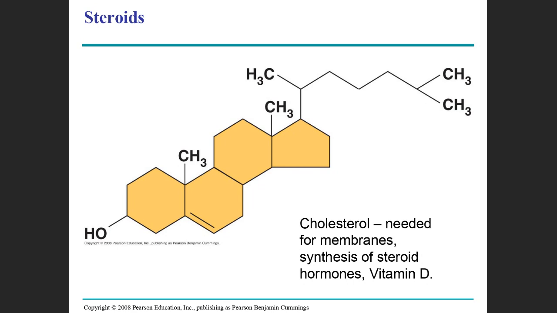As you may know, we make vitamin D when our skin is exposed to ultraviolet radiation. There is a reaction that occurs where cholesterol is converted into vitamin D, which is an essential vitamin. So without cholesterol, we have no testosterone, right? We're missing one of the estrogens, and we don't have any vitamin D. So cholesterol is essential. The problem is we make all the cholesterol we need.